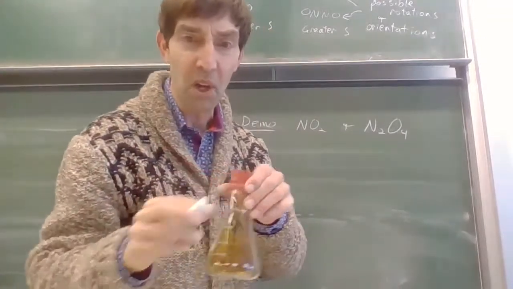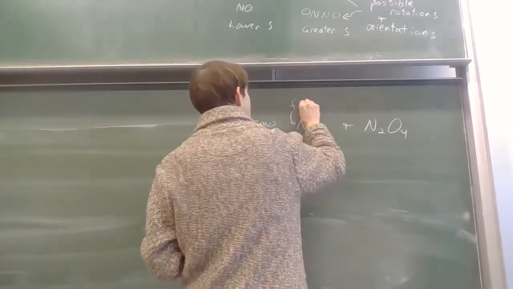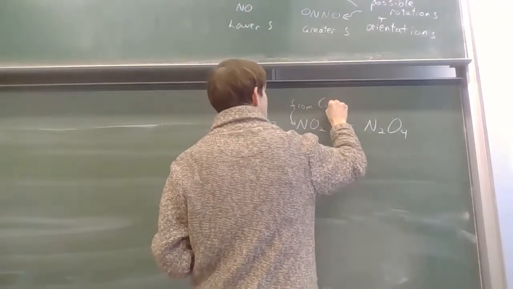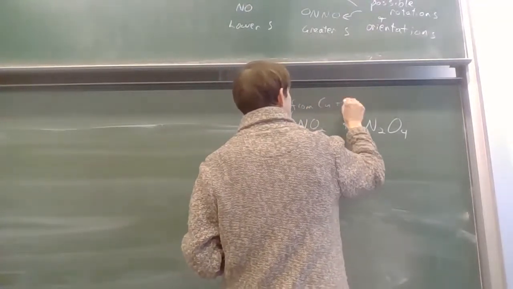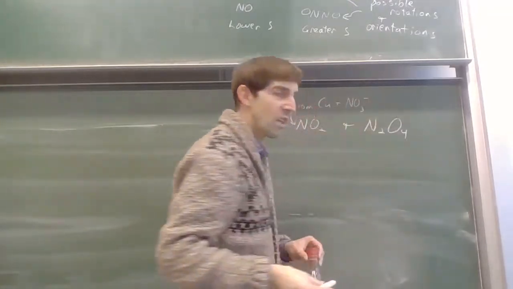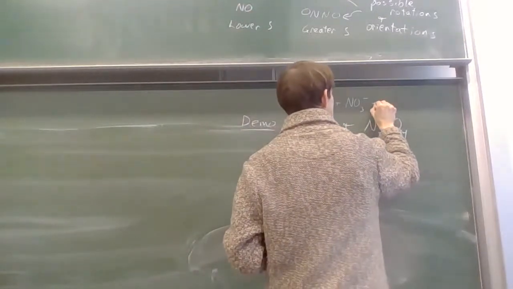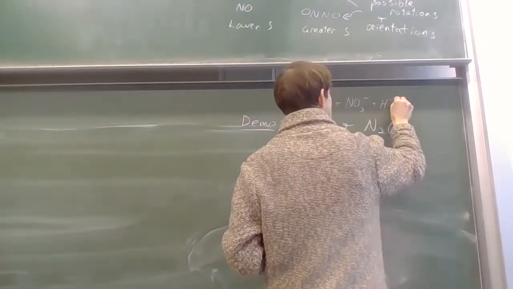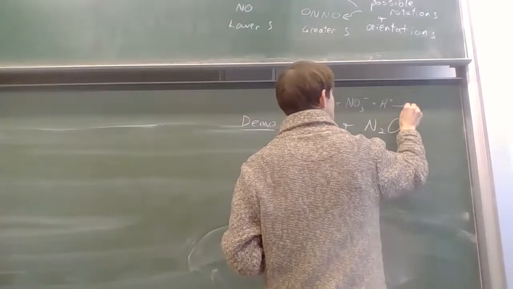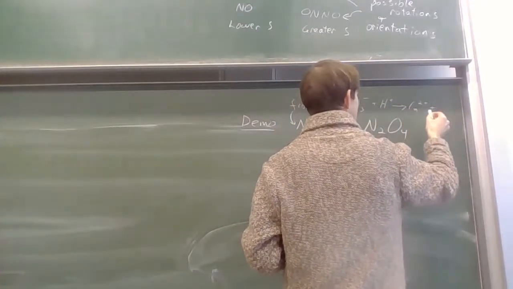Both are formed when I put copper in a nitrate solution. It's like nitric acid or whatever. So I've got nitrate plus acid, H+, and I get Cu, I think 2+, it's like an oxidation.